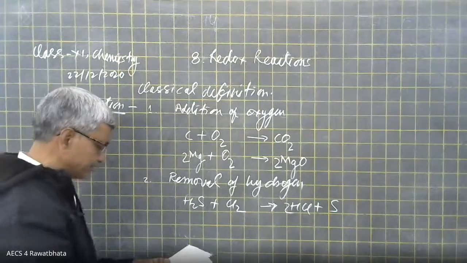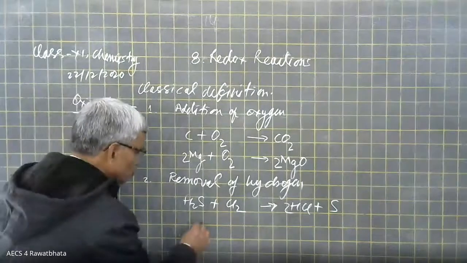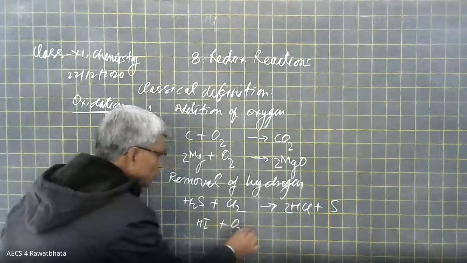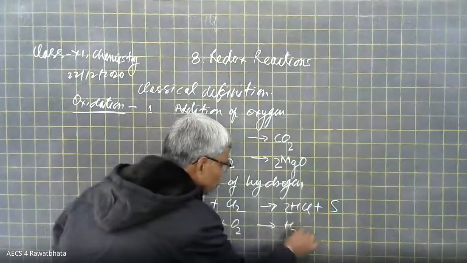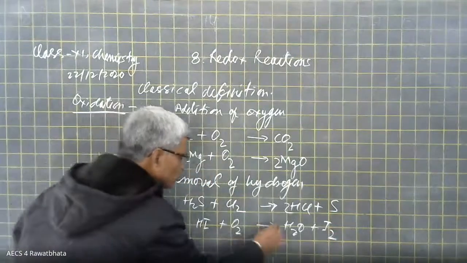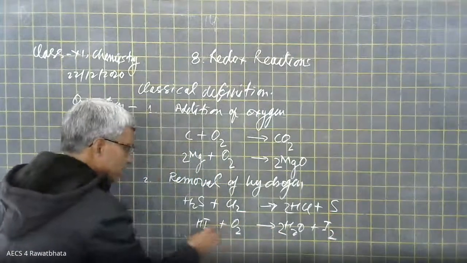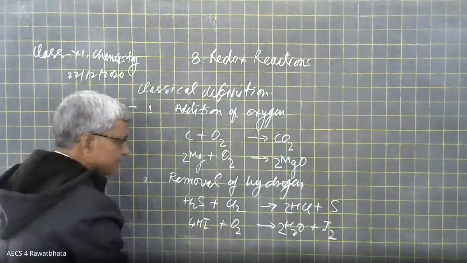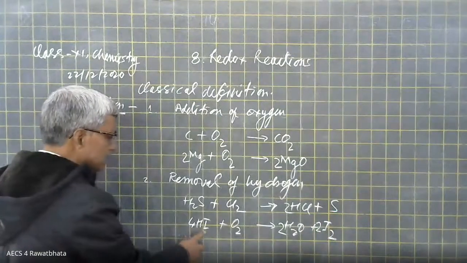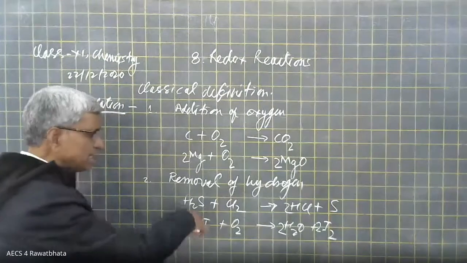Another reaction: 4HI plus O2 gives 2H2O plus 2I2. Here oxygen 2, 2H2O, and then hydrogen 4, 4HI, and iodine 2. From HI, hydrogen is being removed.